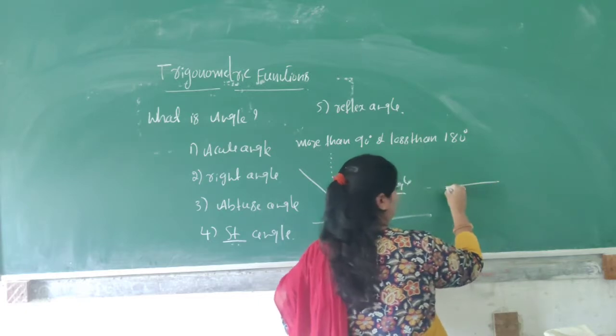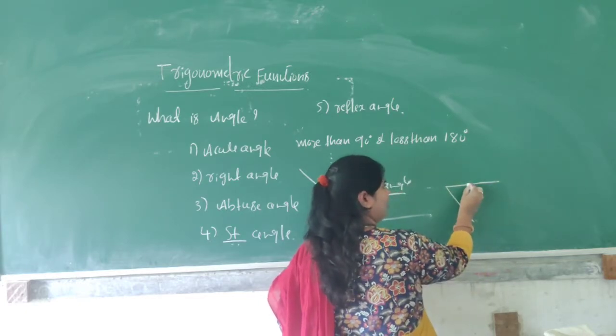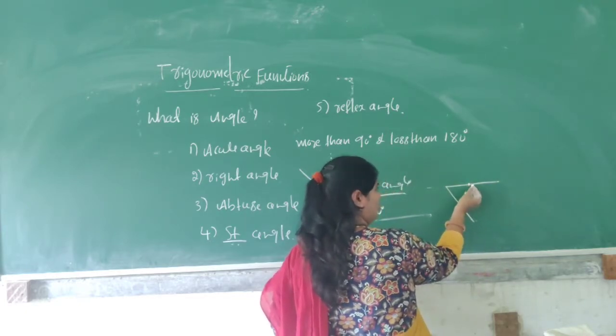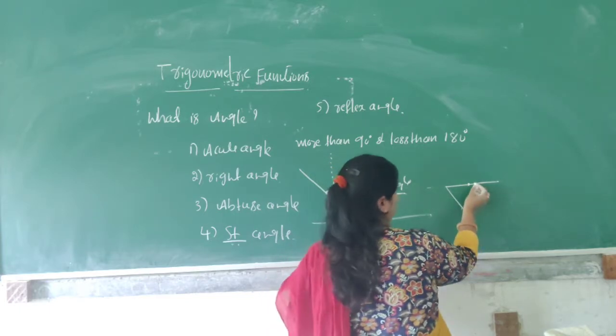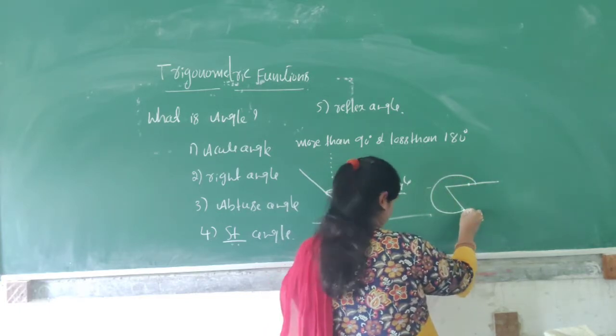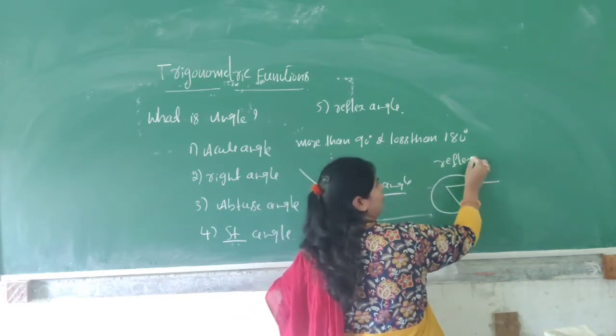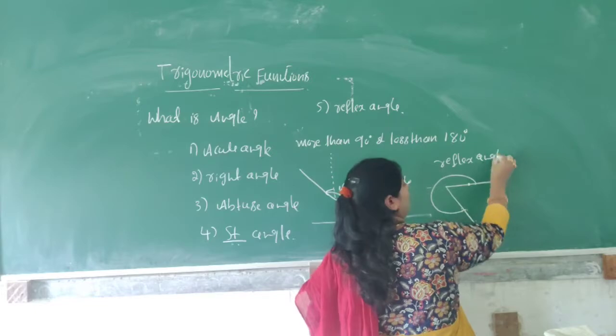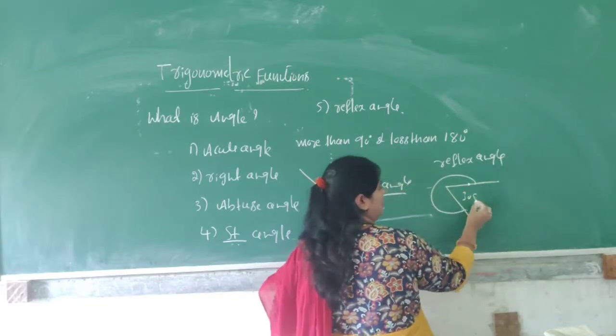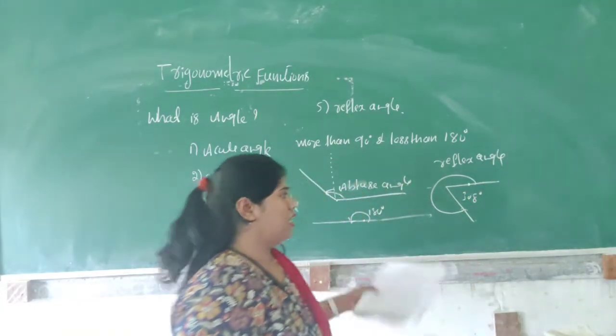You can consider it like this: as this one is 180 degrees, more than 180 degrees means it will be like this. You can consider this angle to be approximately 308 degrees.